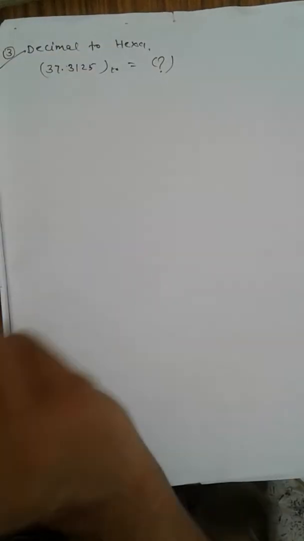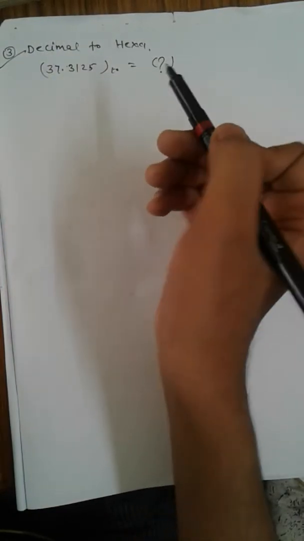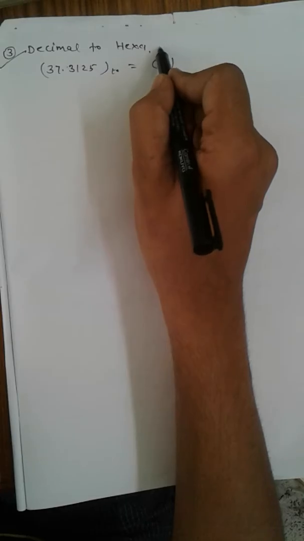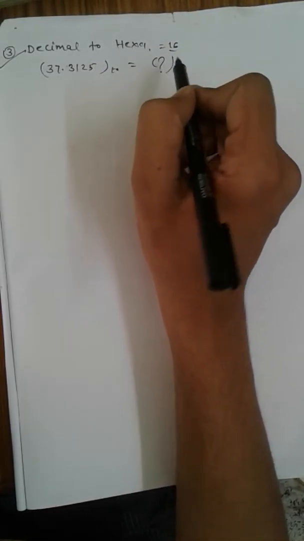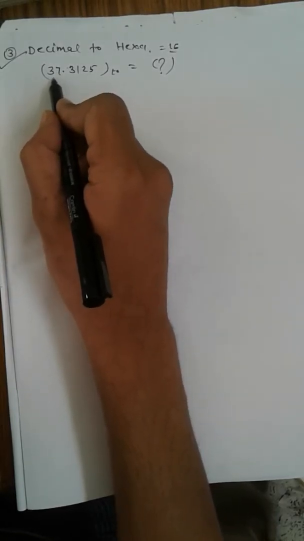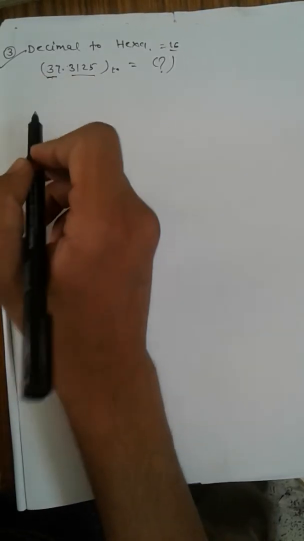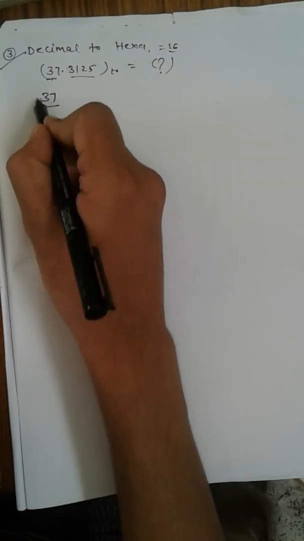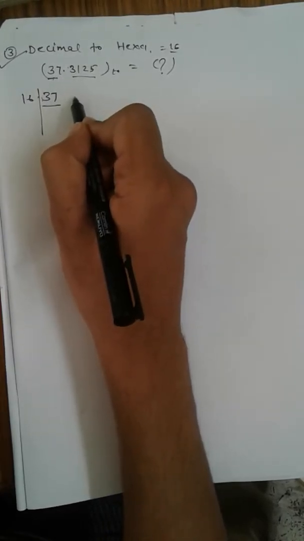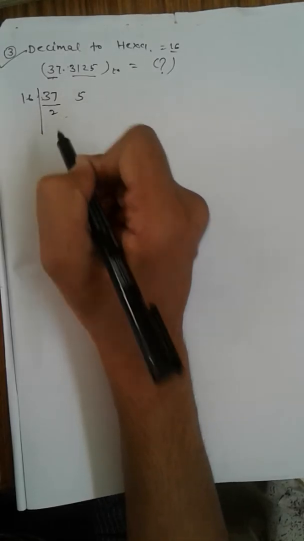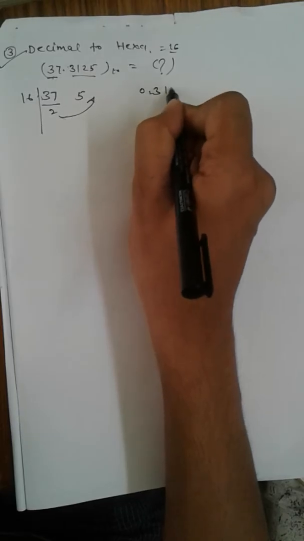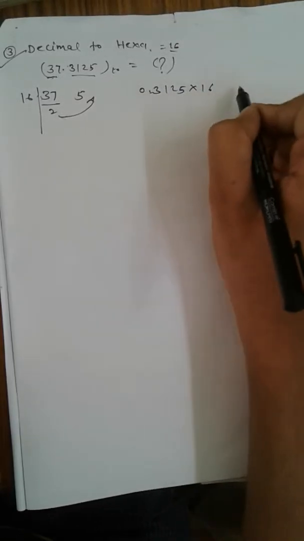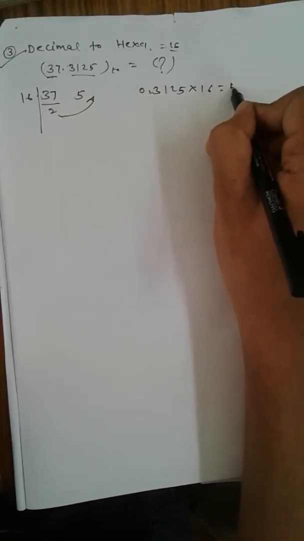Now the third method, which is decimal to hexadecimal. Hexadecimal means base 16, so we have to divide by 16. We go separately on the integer and fraction. Firstly divide 37 by 16: it goes 2 times, and the remainder is 5. Then 0.3125 into 16 is directly 5.